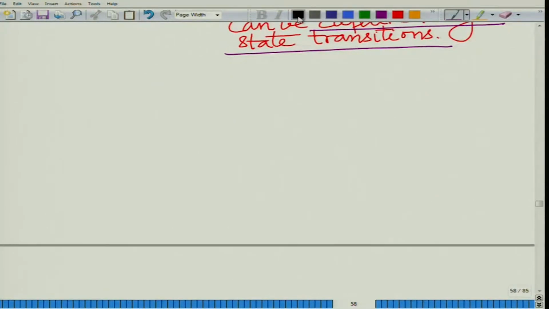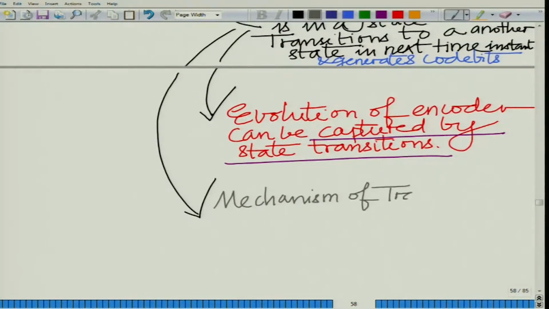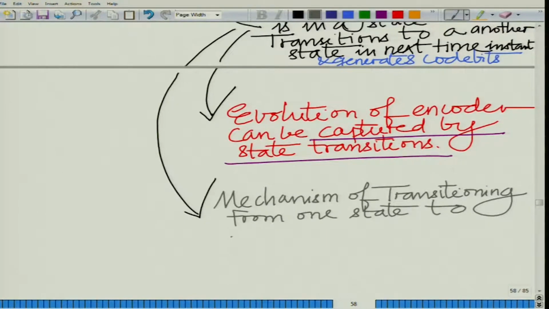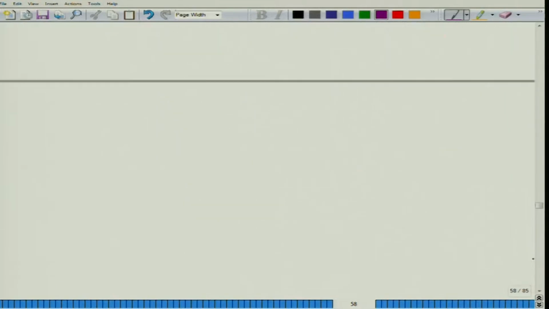The mechanism of transitioning from one state to another is what is represented by the state transition diagram, which I am going to now illustrate.